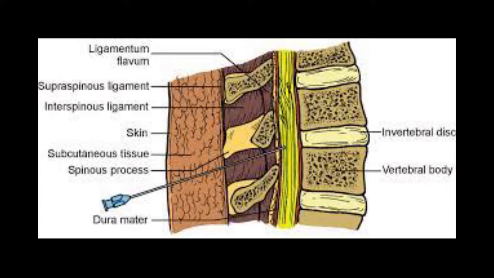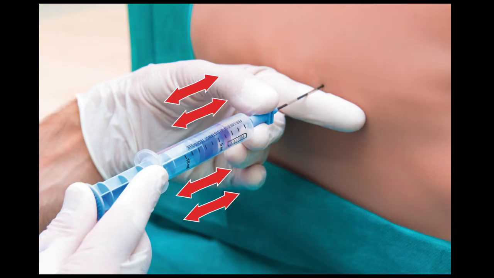As you pass the ligamentum flavum and enter the epidural space, there will be a sudden loss of resistance, and the contents of the epidural syringe would be delivered into the epidural space, whether it is air or saline. And then you can keep the epidural needle still in the epidural space and gently remove the epidural syringe and see whether there's anything coming.